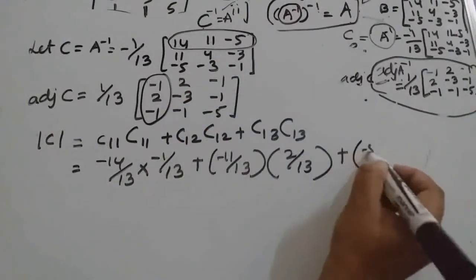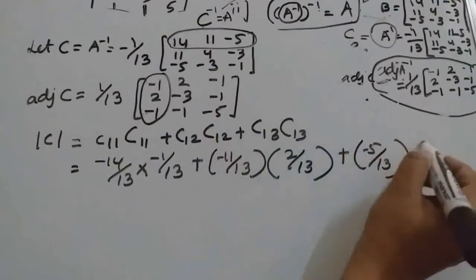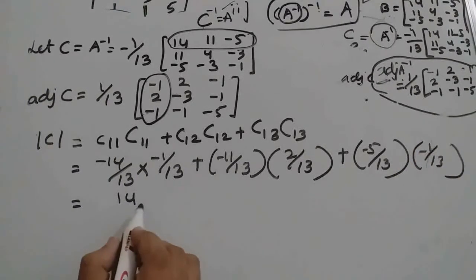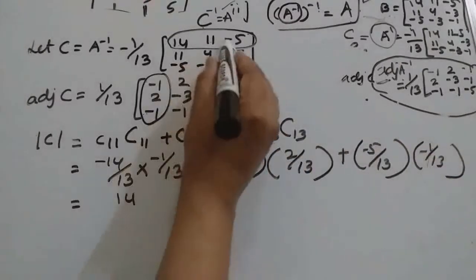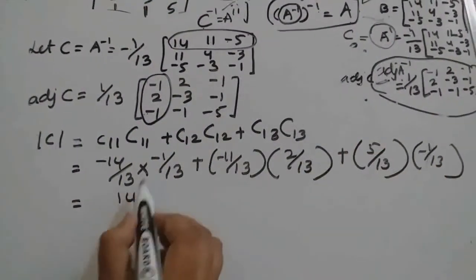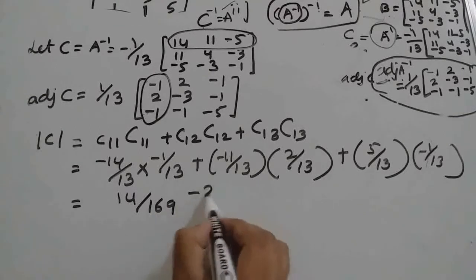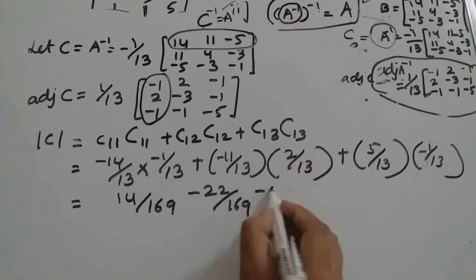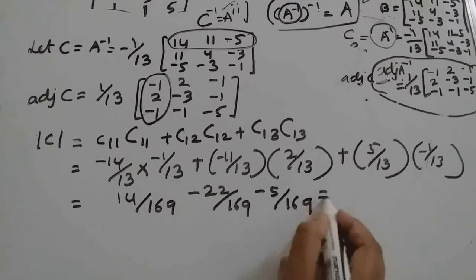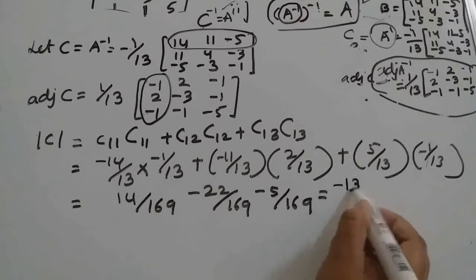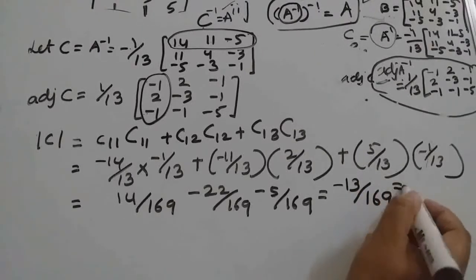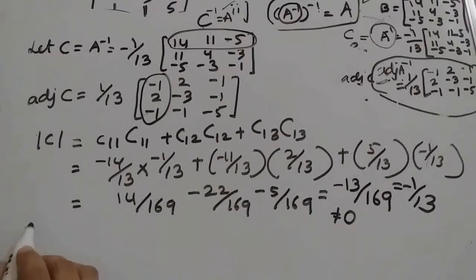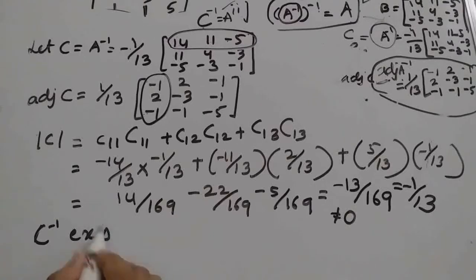C13 means minus 5 by 13 and this is minus 1 by 13. So we will get 14 by 169 minus 22 by 169 and minus 5 by 169, which will give minus 13 by 169, which is minus 1 by 13, which is not equal to 0. So C inverse exists.